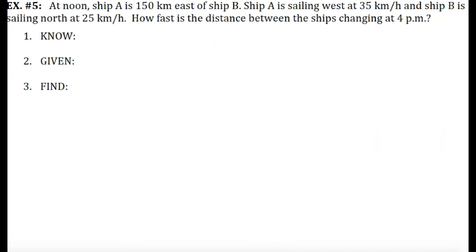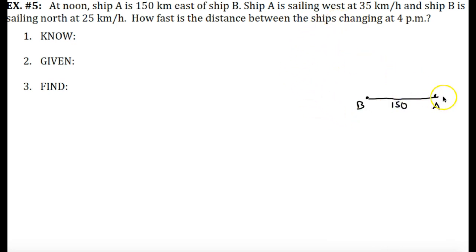So here we have a couple of ships sailing in different directions. We start out with ship A 150 kilometers east of ship B. So you can say that ship A is right here, ship B is right here, and they are 150 kilometers apart.